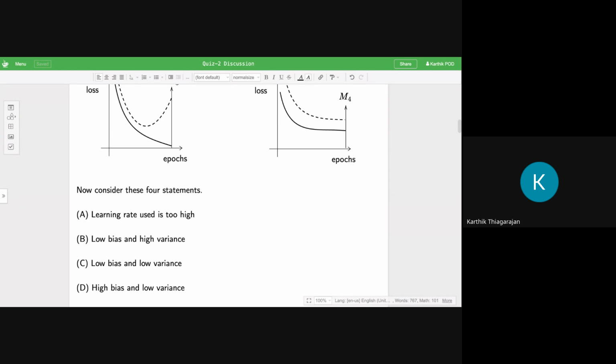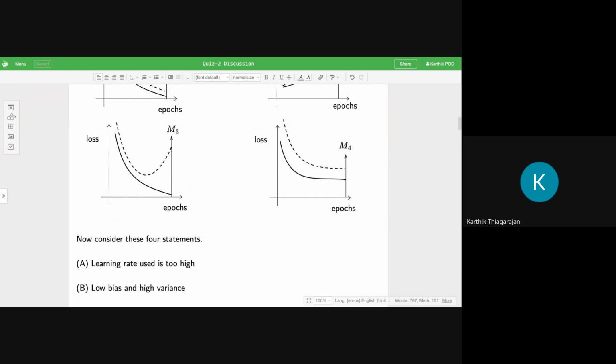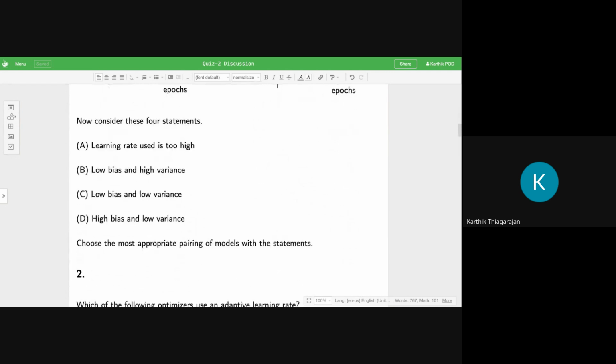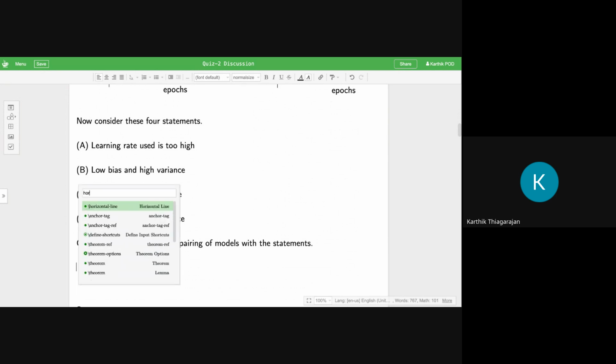So that is the idea behind the question, but actually there is an error. I'll look at the results and maybe arrive at a decision. There's a mistake in the way this question is asked, a very fundamental mistake.